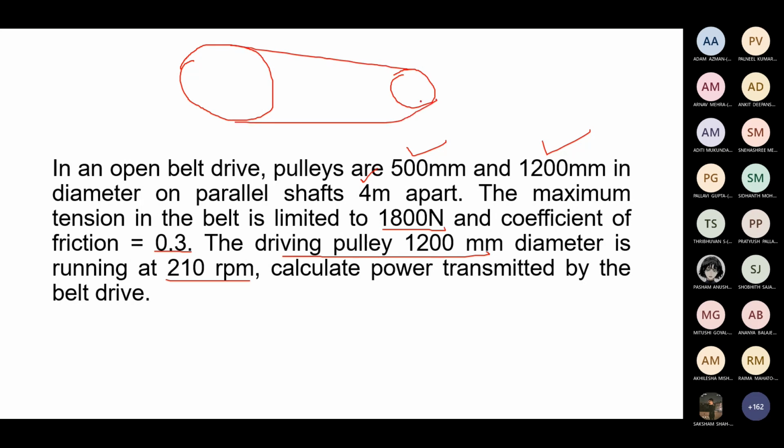I will draw it again later, slightly better than this, just to write down the given data. So for the driving pulley, we will write the diameter and speed as D1 and N1. D1 is how much? The driving pulley is 1200 mm in diameter.